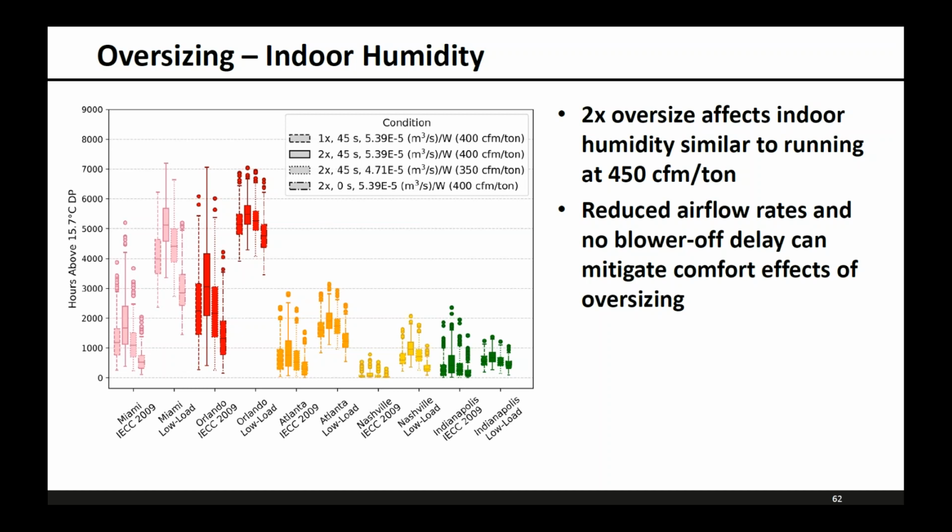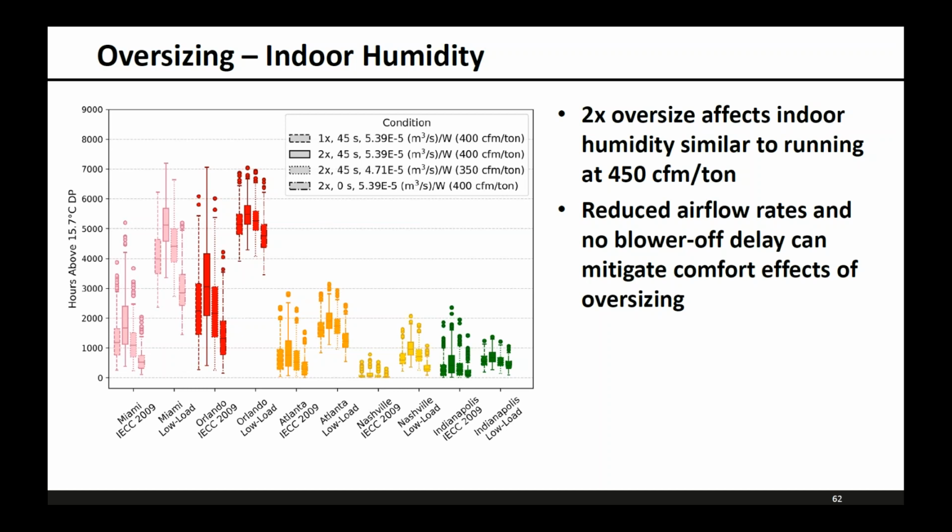For all of the cities, we see an increase in the hours above the 60.2 Fahrenheit dew point threshold. And the increase is similar in magnitude to what we saw for going from a 400 CFM per ton airflow rate to a 450 CFM per ton airflow rate.